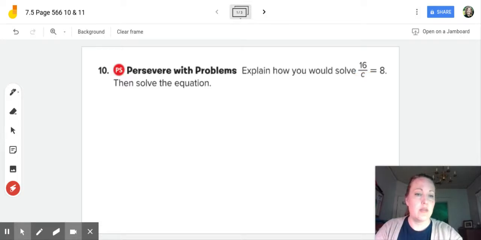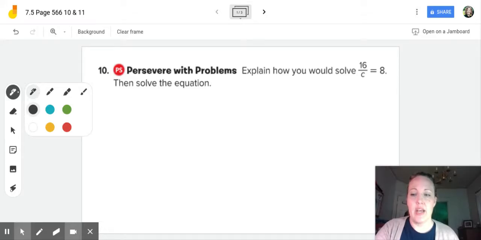If you say that out loud, 16 divided by something is 8, I bet you could come to the fact that C would have to be equal to 2. 16 divided by 2 is 8. So working that out in your head, reading it correctly, would be one way to explain it.